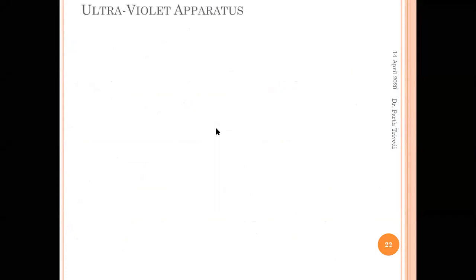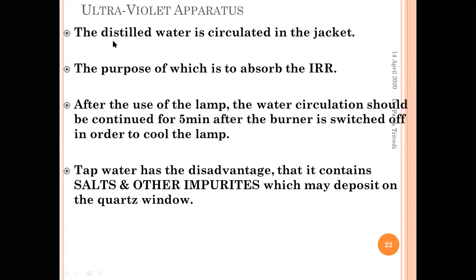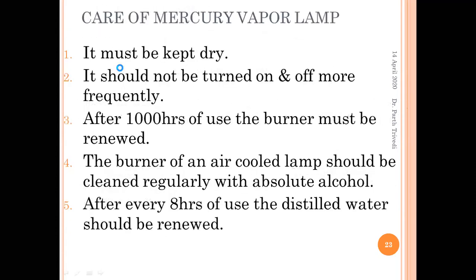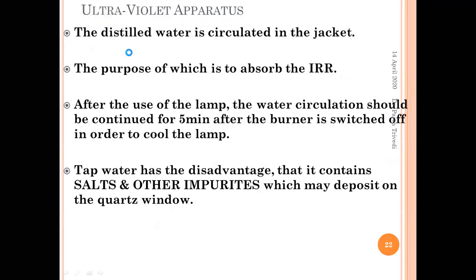Now, the very important thing is the use of chromium lamps. Why do we use chromium mercury vapor lamps? We will see how to take care of it in the next slide. Why do we use distilled water also? Distilled water is circulated in the jacket, which we have shown.